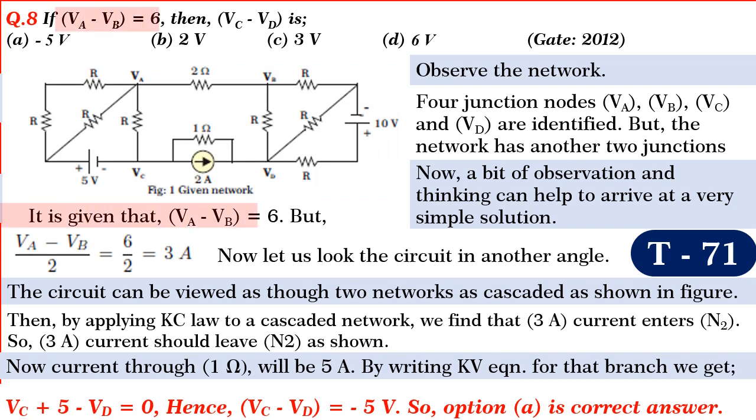See that it is given VA minus VB is equal to 6. But VA minus VB with any other reference node divided by 2 is the current flowing through that branch. By substituting the values, we get current through 2 ohm is equal to 3 amperes in the direction shown. Now friends, let us look at the given circuit in a different angle.